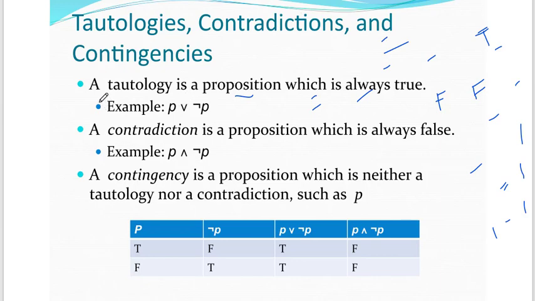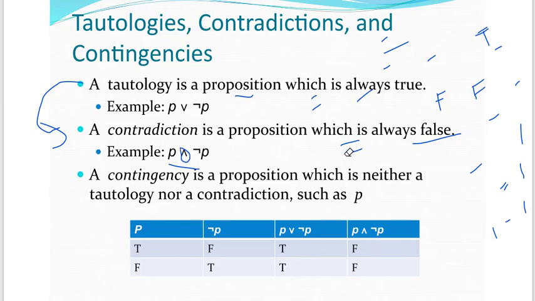And the opposite of a tautology is a contradiction. A contradiction is a proposition which is always false. Both are opposites: tautology and contradiction. So what is an example, P and negation P? Here it is AND.